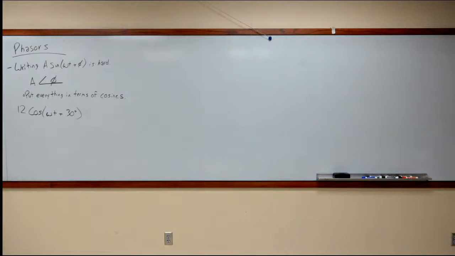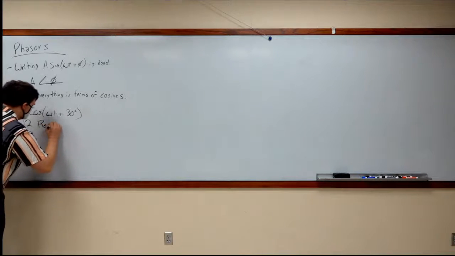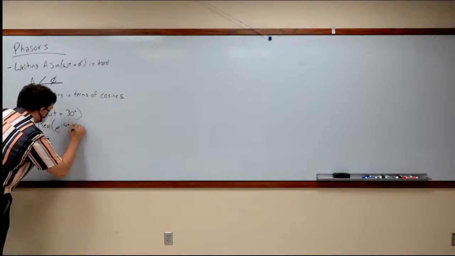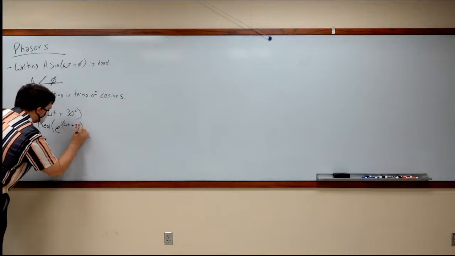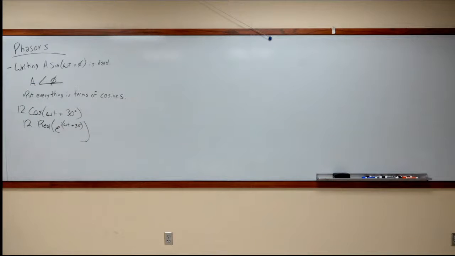What we have here is 12 times the real component of e to the i omega t plus 30 degrees. I wrote real in here because it's a function that eliminates the imaginary part of everything that's in these parentheses.